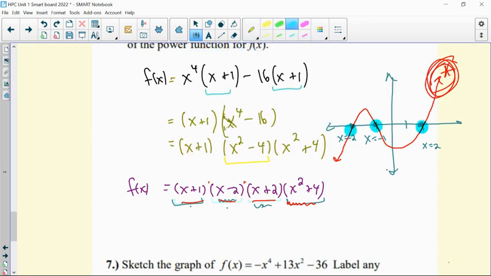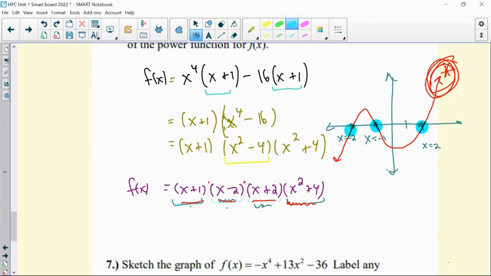So I just temporarily ignore it. In all honesty, the only thing it contributes to is finding that y-intercept. There might be other pieces of the graph that change, but that behavior doesn't happen at the x-axis, so I'm not going to have to worry about that.